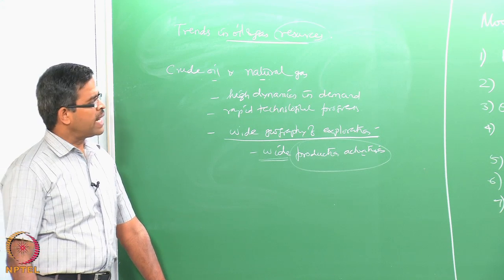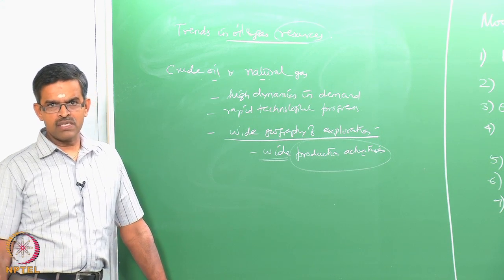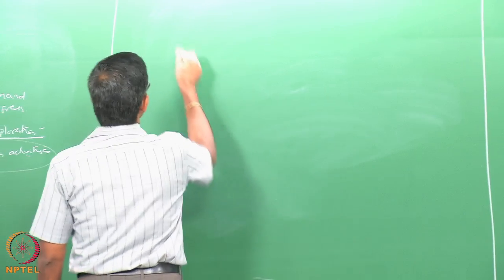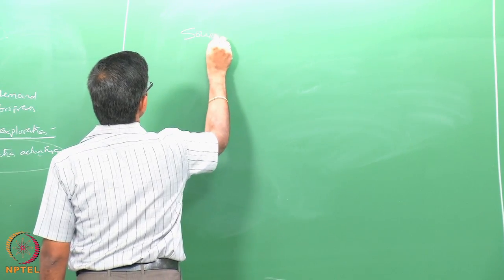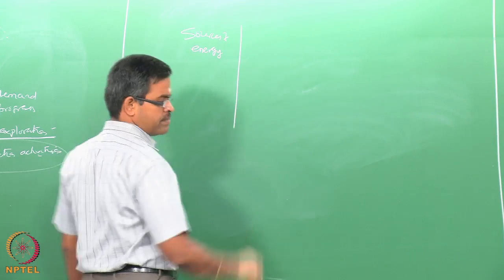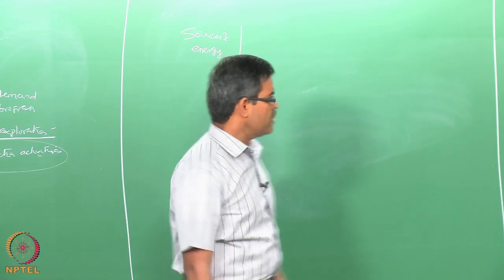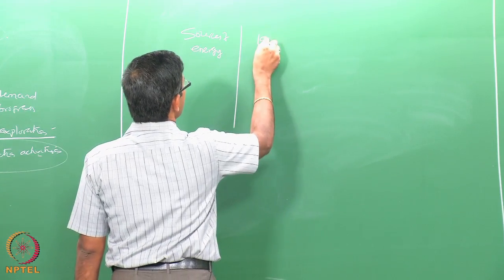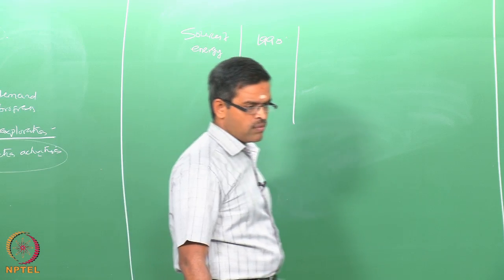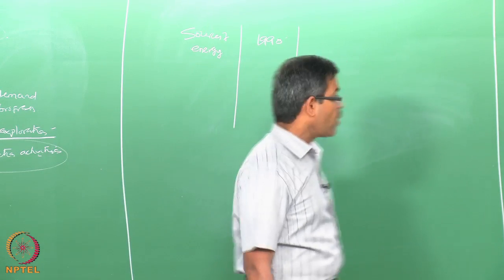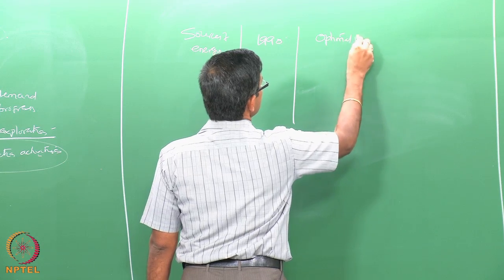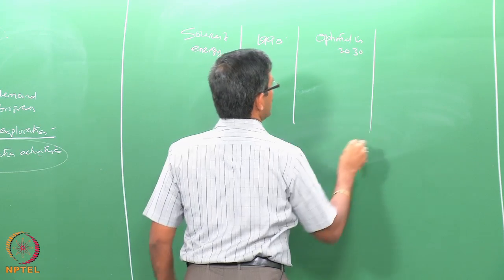So, let us try to categorize this for better understanding. Let us see what are the different sources of energy we have, which we try to exploit, and let us say till about the 1990s or early 2000s, what was the trend and what is going to happen optimally in another, let us say, 20 years.